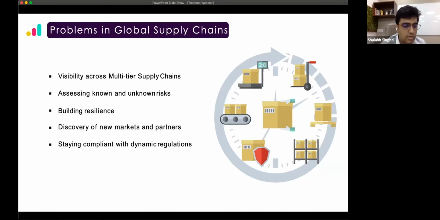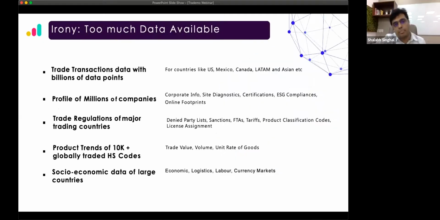And with all these developments happening, the governments and the customs are also making the compliances more and more comprehensive, which sometimes introduce new risks for the business, sudden risk, I would say, and at times also create opportunities for them. But for a business which is focused on manufacturing or supplying their goods, it becomes very overwhelming to deal with all of these changes.